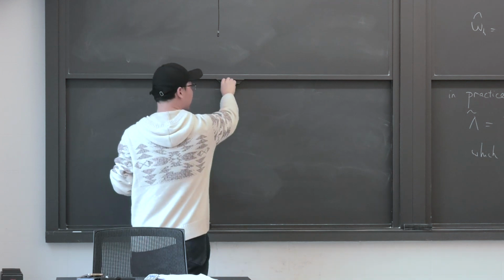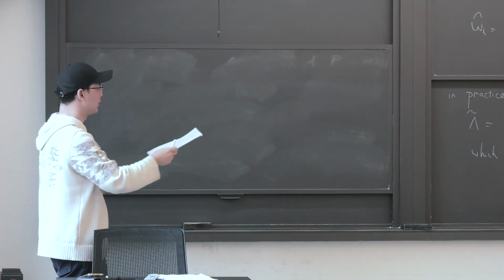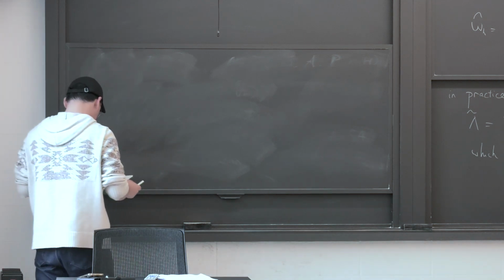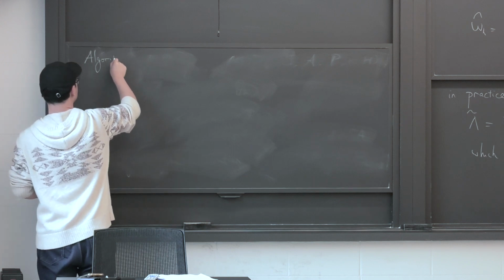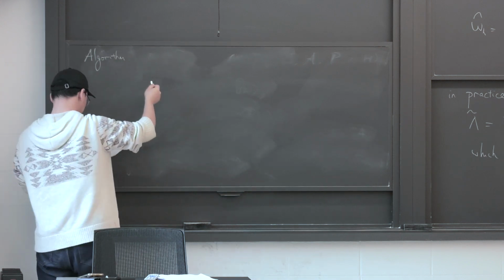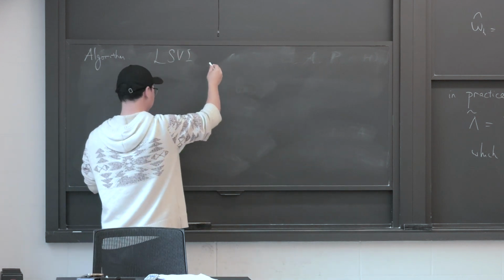So we first give the algorithm, then we give the formal definition of this core set thing, so that we can establish the guarantees. The algorithm is least square value iteration with core set.